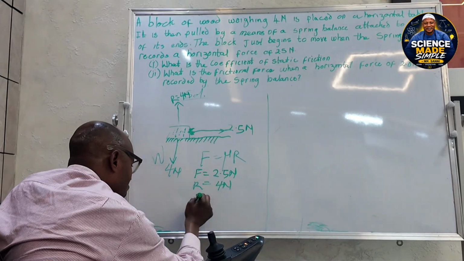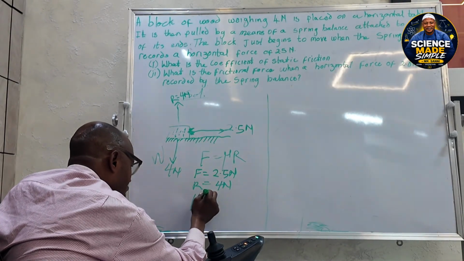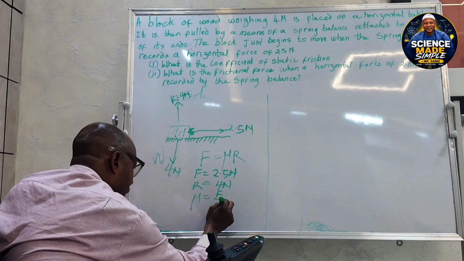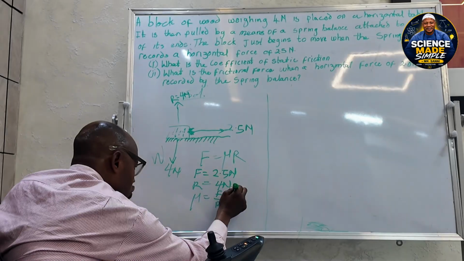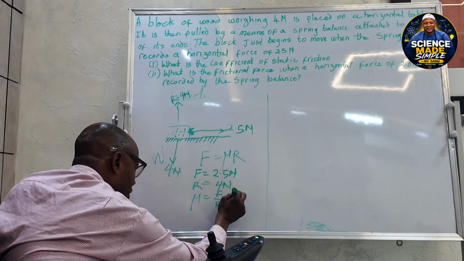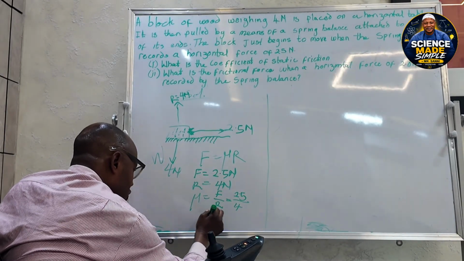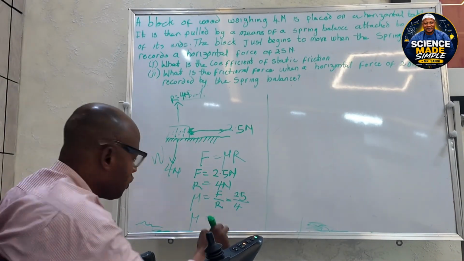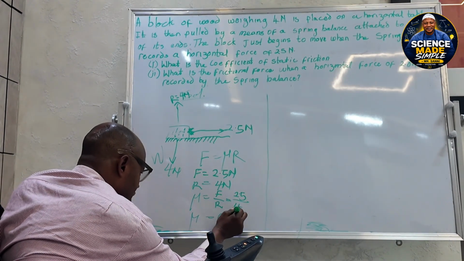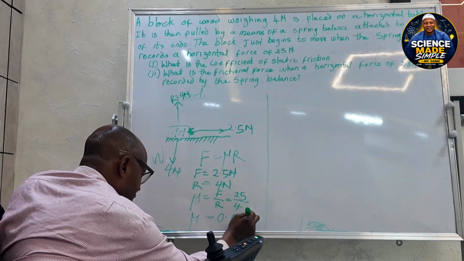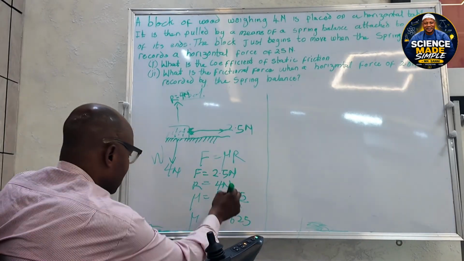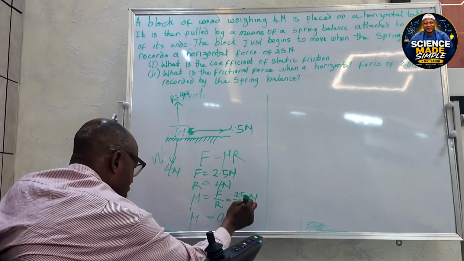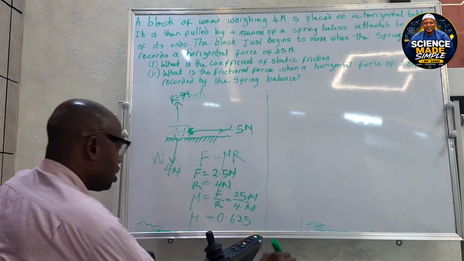From here we have our coefficient of friction to be F over R, which is equal to 2.5 over 4. It gives us 0.625. No unit, because F is in Newton, R is in Newton, so this cancels this.